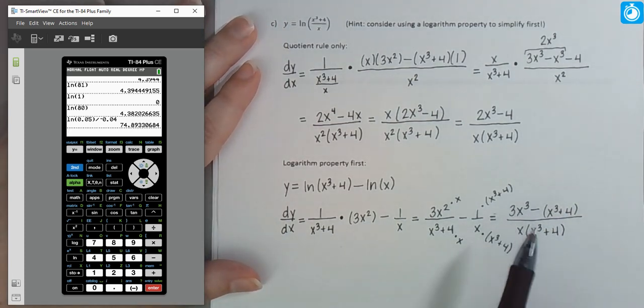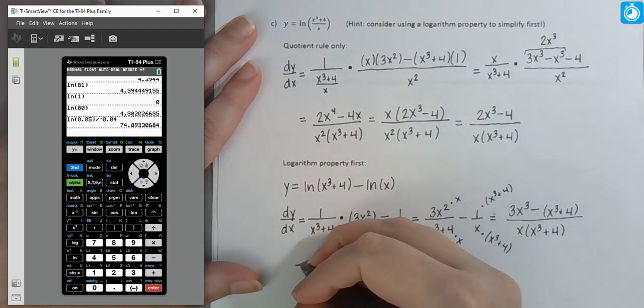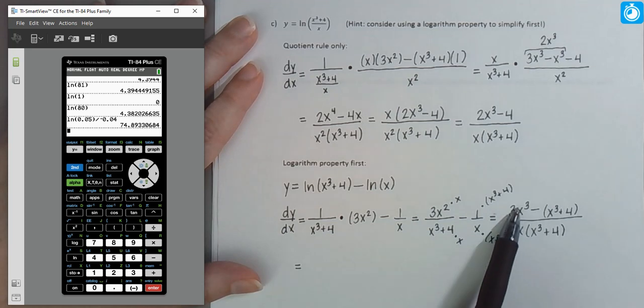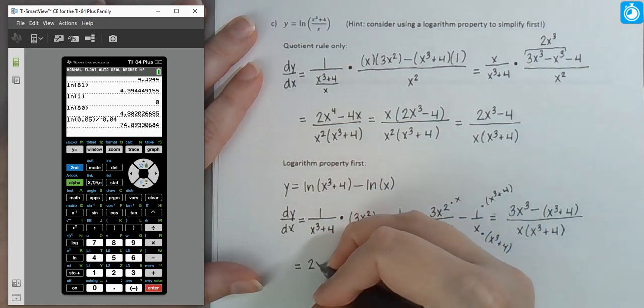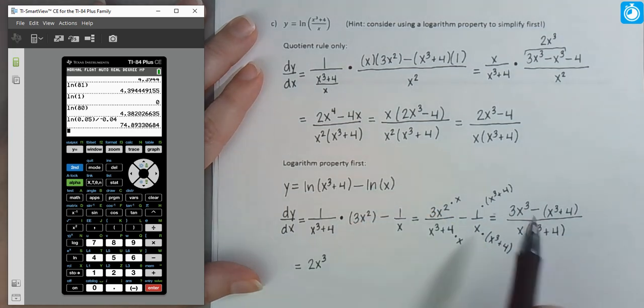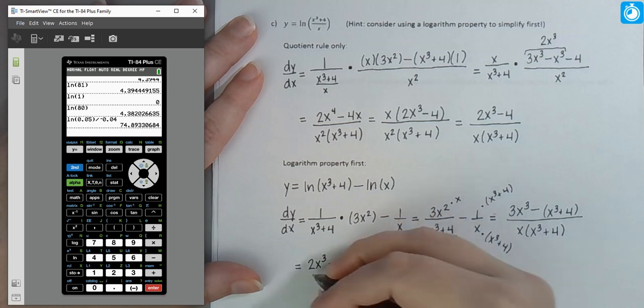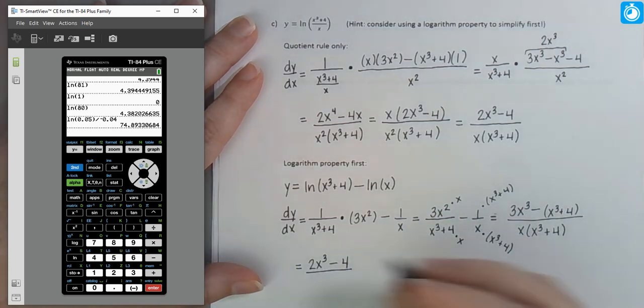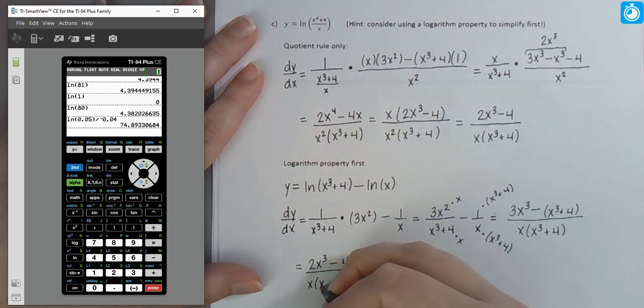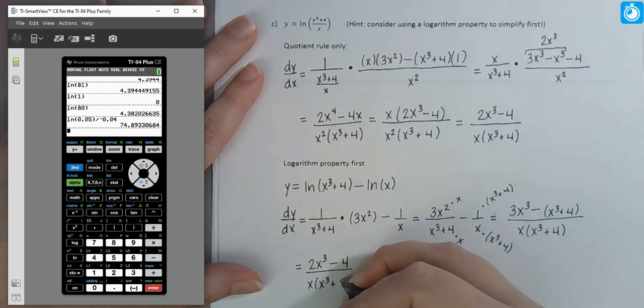So last but not least, let's just distribute that negative, combine our like terms. So we have 3x cubed minus x cubed, so that's going to leave us with 2x cubed. And then the subtraction also has to distribute to the 4, so minus 4. And then our denominator is going to be x times x cubed plus 4.